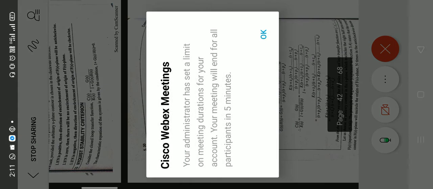Okay. Here F(s) is equal to 1 plus G(s)H(s), so substitute the G(s)H(s) value: 1 plus K into (s plus z1) into (s plus z2) and so on, (s plus zn), by (s plus p1) into (s plus p2) and so on, (s plus pn).